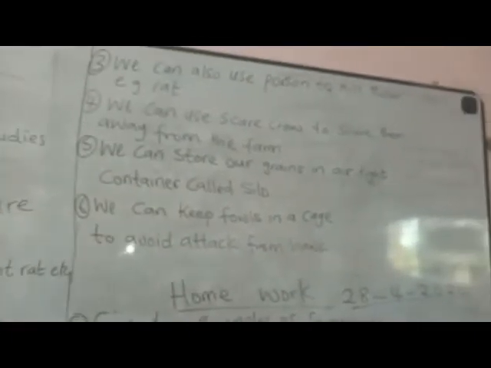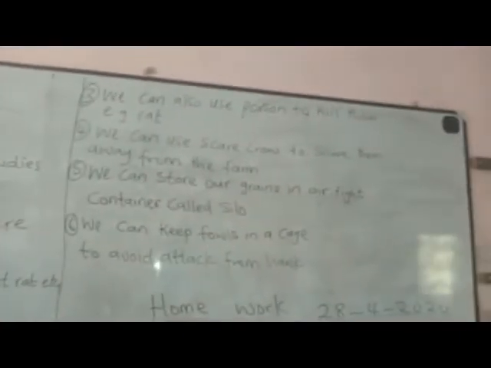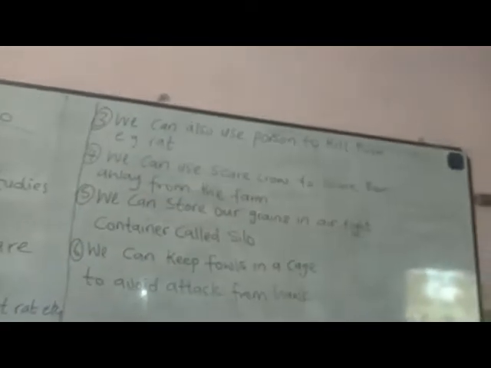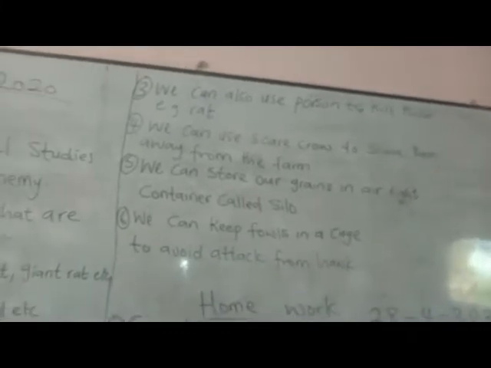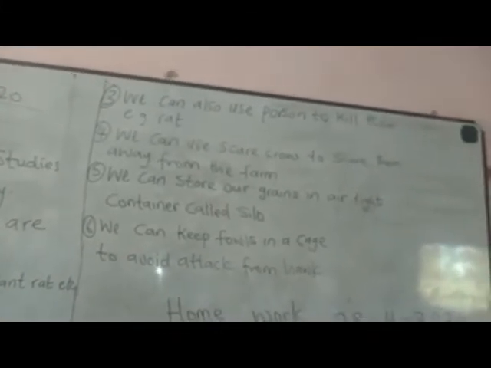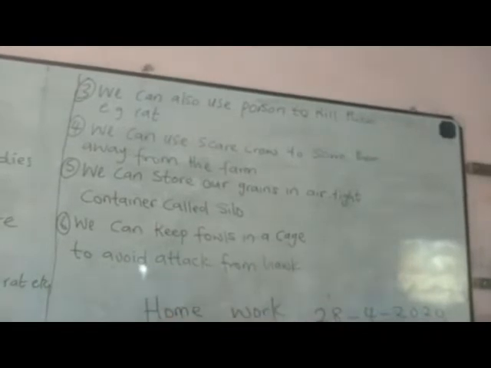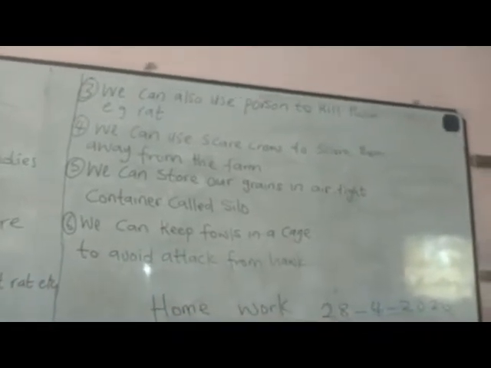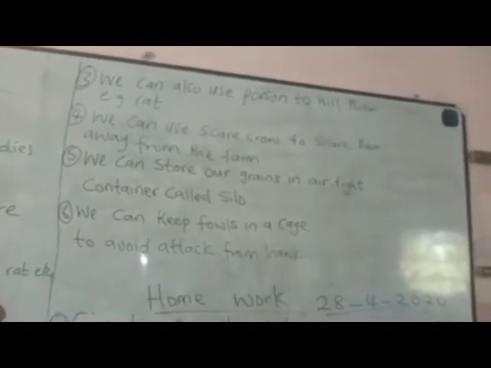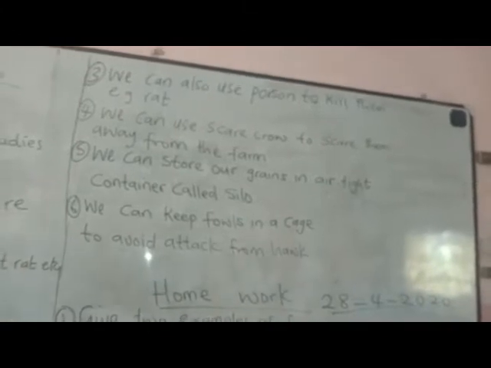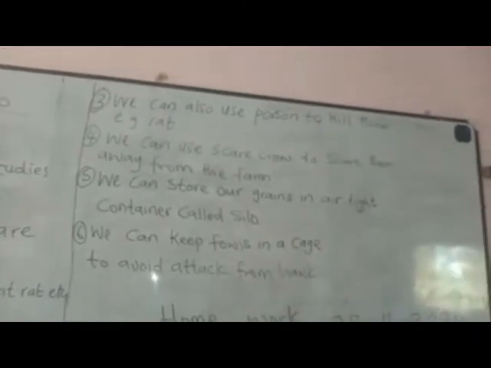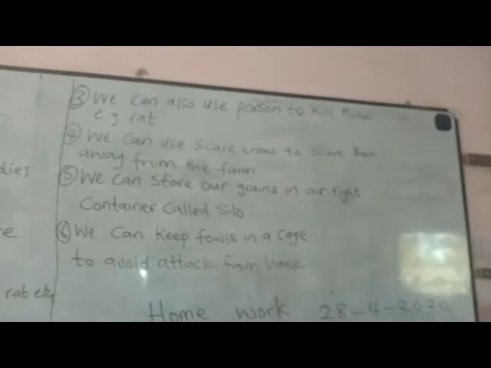When these animals are coming, either bird or whatever, when they see, they will think it's the owner of the farm that is there. They will what? Run away. Or you can look for a zinc. Do we know zinc? The one we normally use to roof our house. You just hang it somewhere. When a bird wants to rest on it, the zinc will make noise and they will run away. It is called a scarecrow.